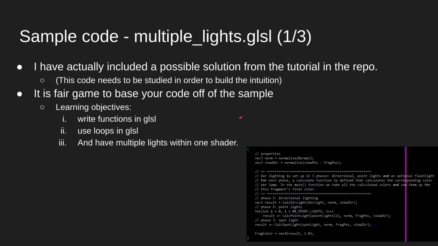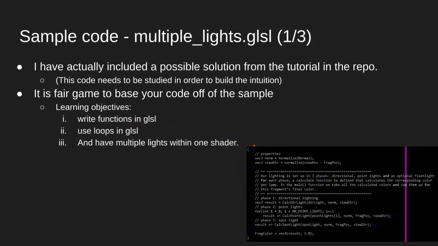Okay, so some sample code. I've included a possible solution from the Learn OpenGL site, or based off of it, in the repo, but you'll need to study it and change it a little bit to actually give some atmosphere. It's fair game to base your code off the sample provided, but I want you to learn a little bit about writing functions in GLSL.